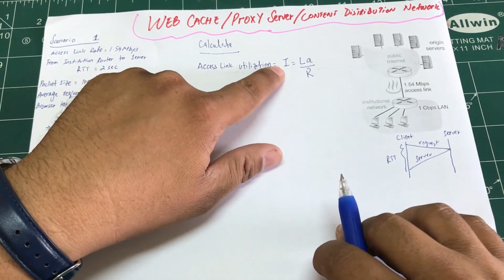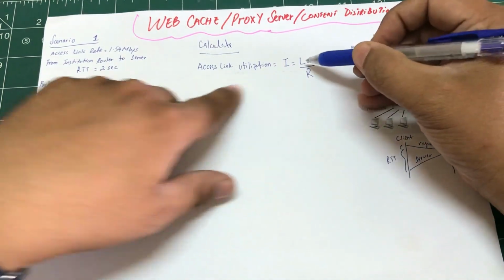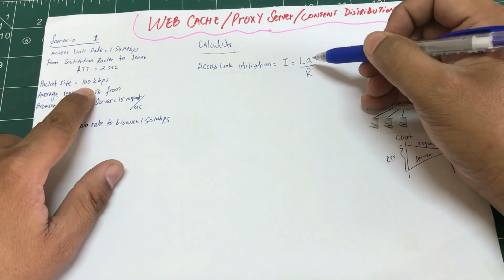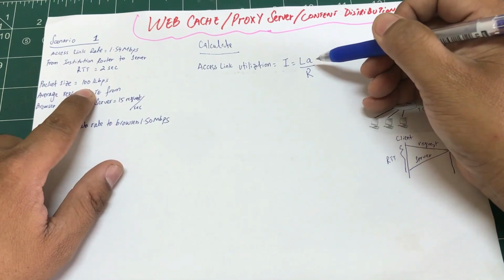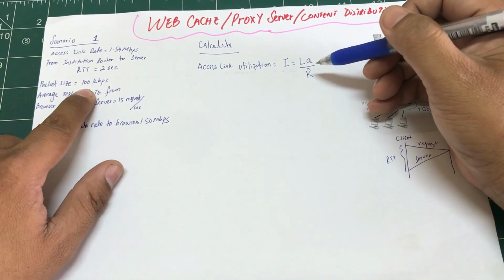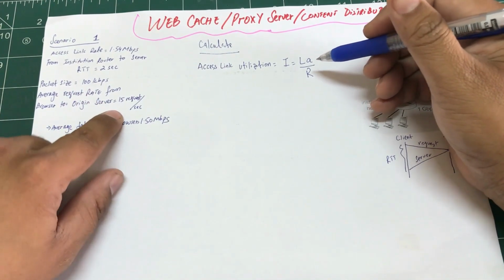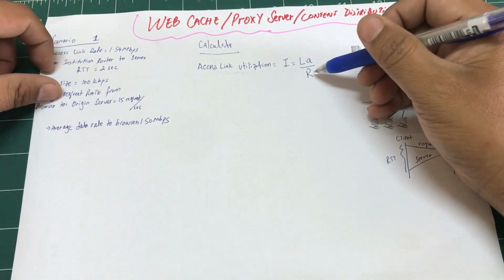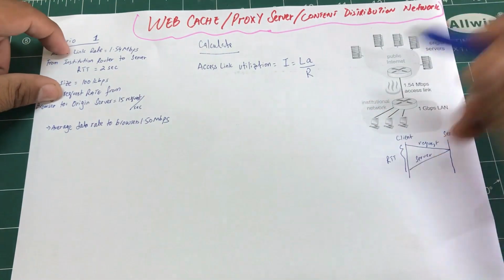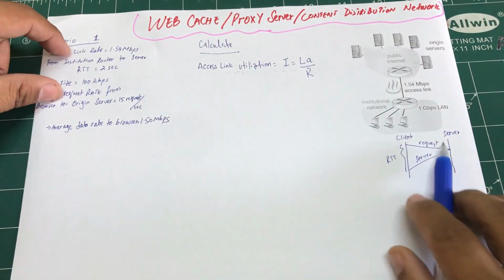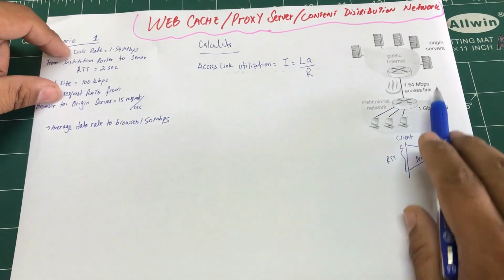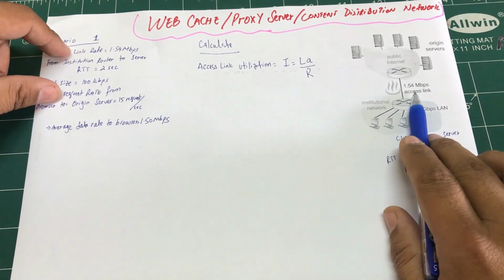So this is basically traffic intensity. L stands for the packet size, which is 100 kilobits. A stands for the arrival rate, or the request rate, how many packets are being requested per second, and R is the transmission rate. R for the access link is 1.54 megabits per second.